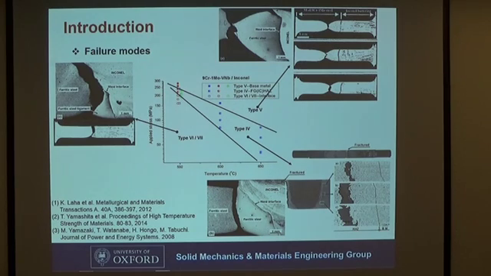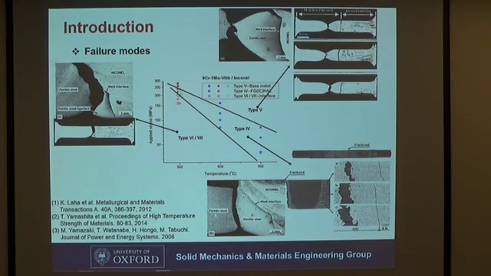Here, type 7 refers to failure exactly along the interface, but type 6 refers to where the crack initiates at the interface, but at the last stage it diverts into the heat affected zone or parent metal. But here I classify them together because the last stage has only a little influence on the life.